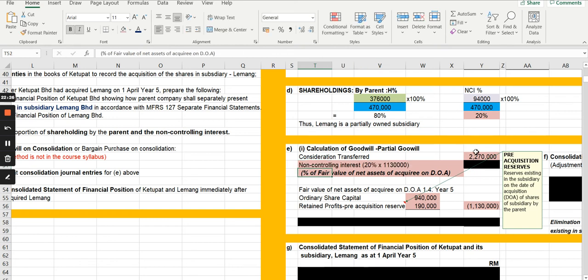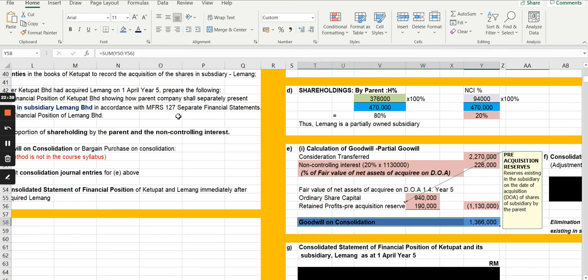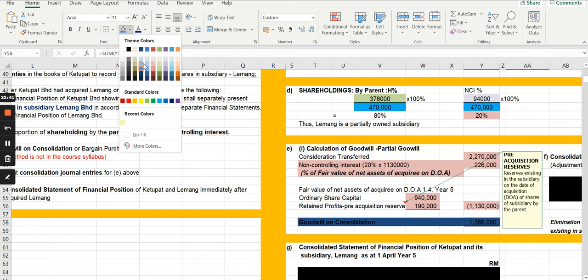So therefore that will give you the figure 226.